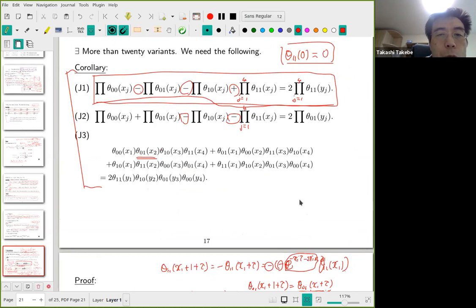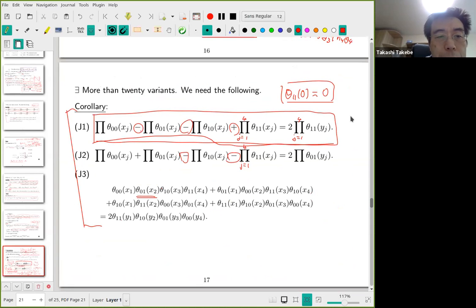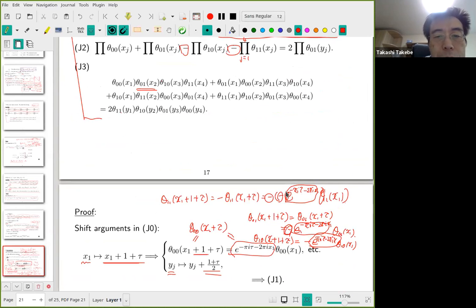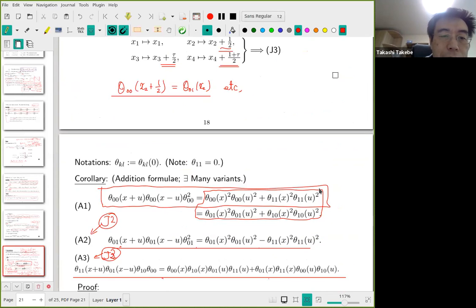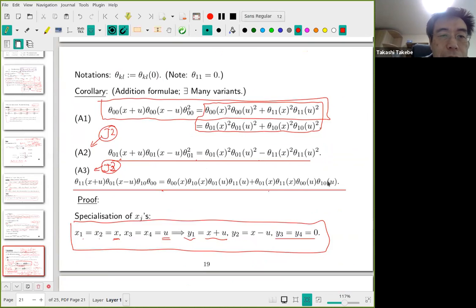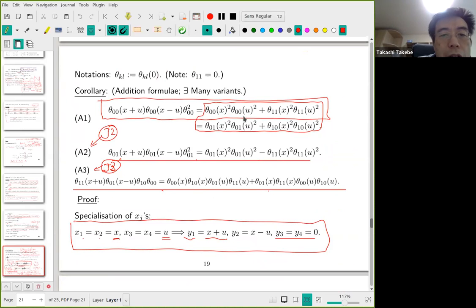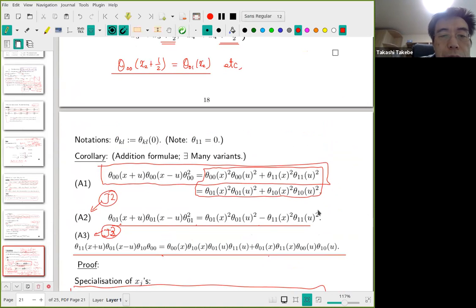Now, of course, we don't need to remember this. There are tables for such things. And from these relations, we can deduce several formulae, like addition formula for theta functions.